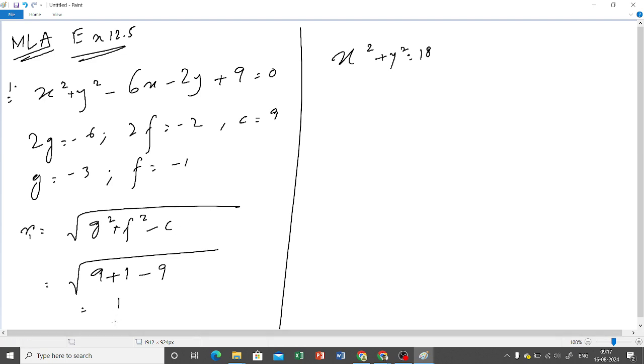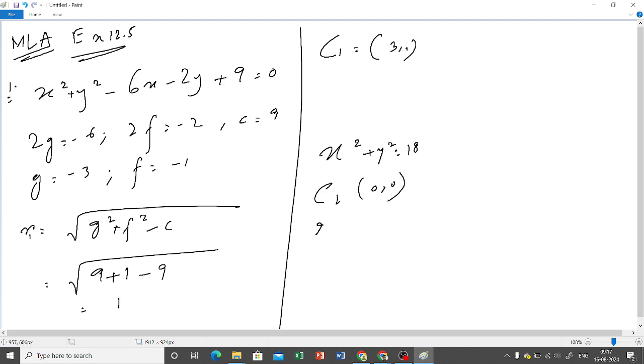And what is the center? The center is minus g comma minus f. There is 3 comma 1. Here what is the center? 0 comma 0. What is the radius? Root over 18.